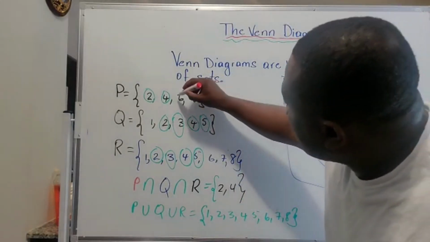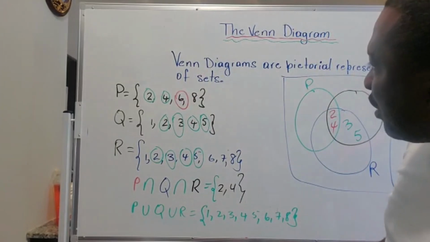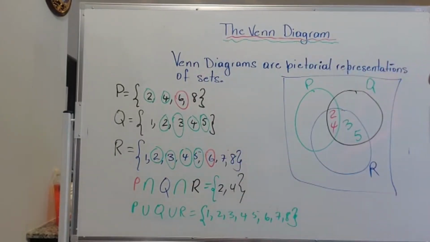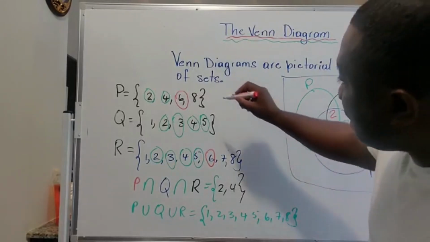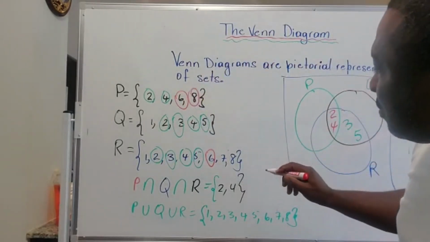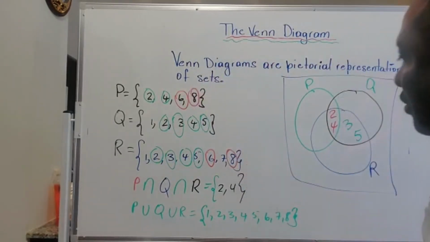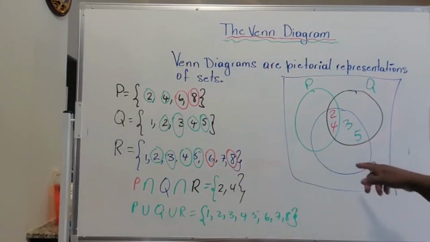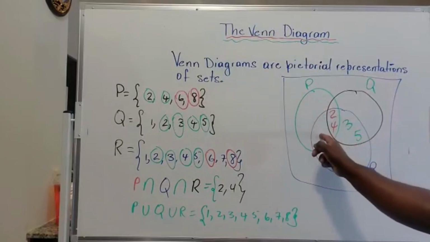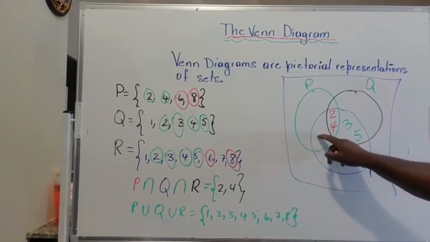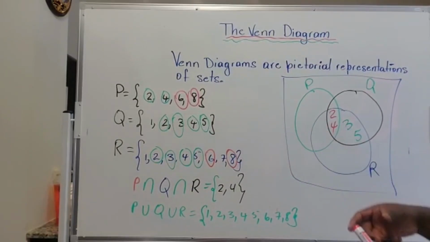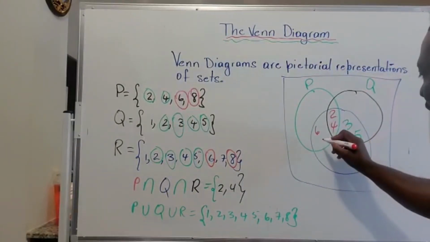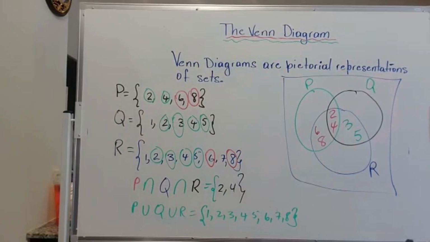We see 6 here is common to P, and the 6 is common to R. We also see 8 is common to P, 8 is common to R. Therefore, P intersecting R, which is this area, would be 6 and 8.